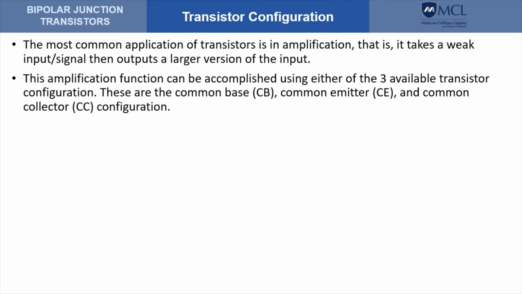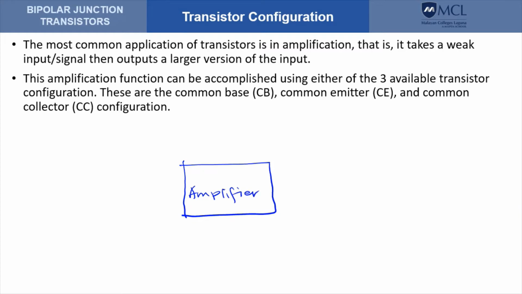One of the most common applications of transistors is in amplification. So if you have a circuit, for example, that contains the transistor, and the function of the circuit is for amplification, we call this circuit an amplifier.